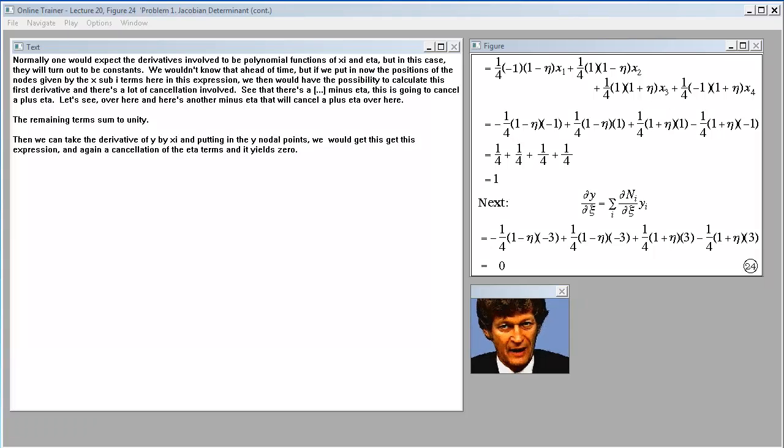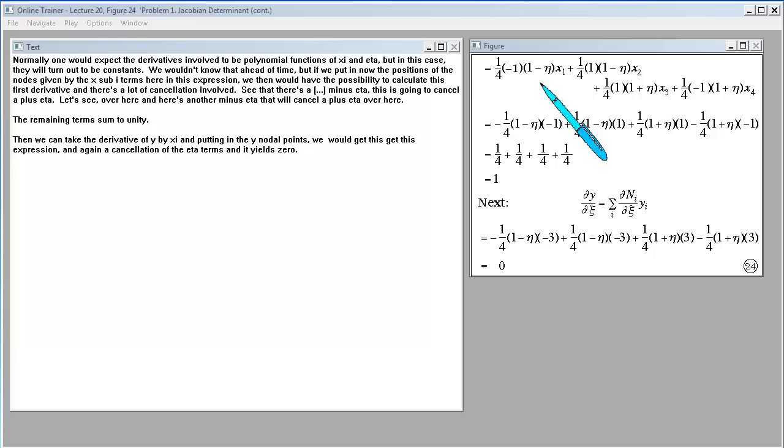Normally one would expect the derivatives involved to be polynomial functions of xi and eta, but in this case they will turn out to be constants. We wouldn't know that ahead of time, but if we put in now the positions of the nodes given by the x sub I terms here in this expression, we then would have the possibility to calculate this first derivative, and there's a lot of cancellation involved.